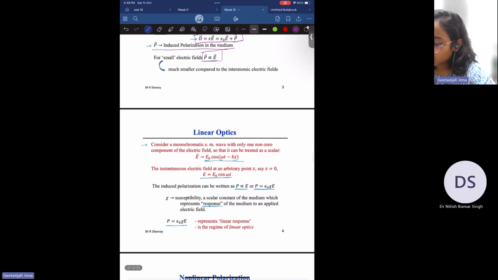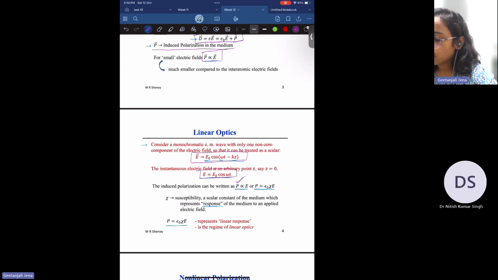So let us see what is the quantitative relation. For a monochromatic electromagnetic wave, you have an expression like this: E equal to E0 cos(omega t minus kz). And for z equal to 0, we can have E equal to E0 cos omega t. And for a linear system, the polarization P is directly proportional to the first order of the electric field.